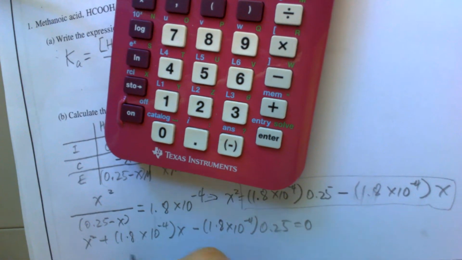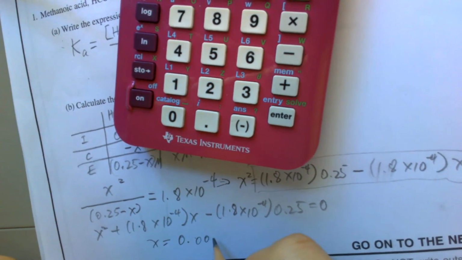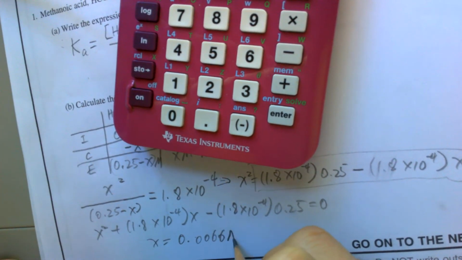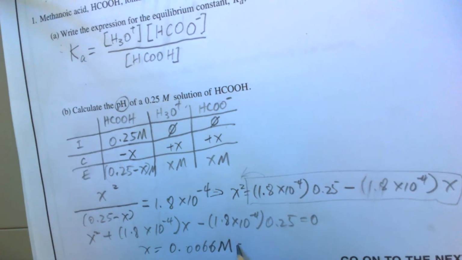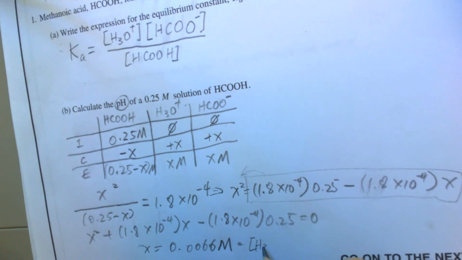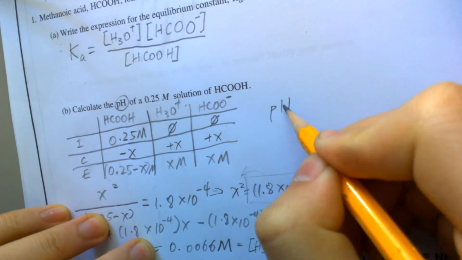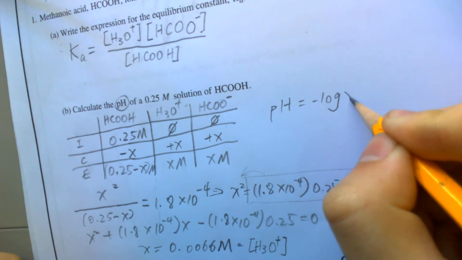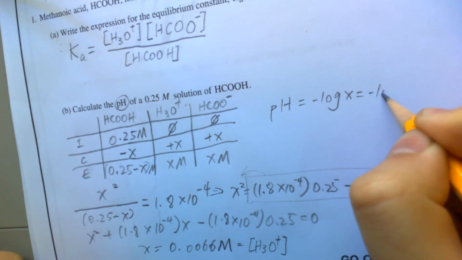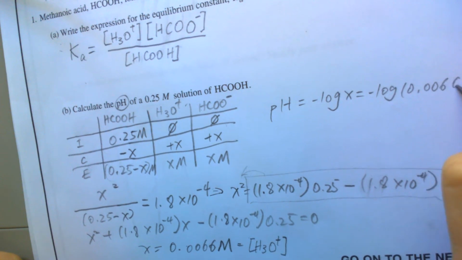So x is equal to 0.0066 moles per liter. Now we know this is equal to the concentration of hydronium ion, which means the pH is equal to negative log of x, which is equal to negative log of 0.0066.